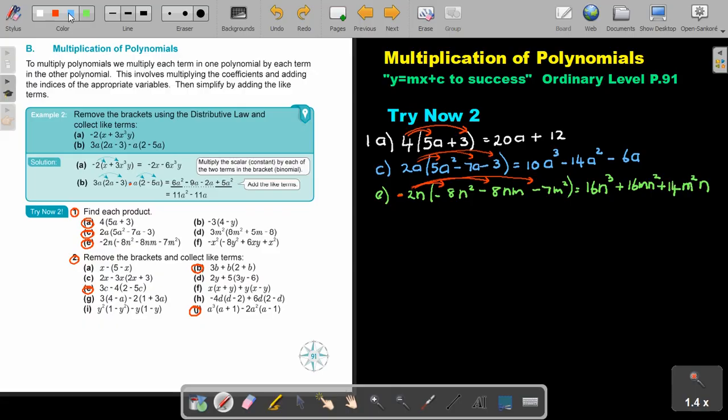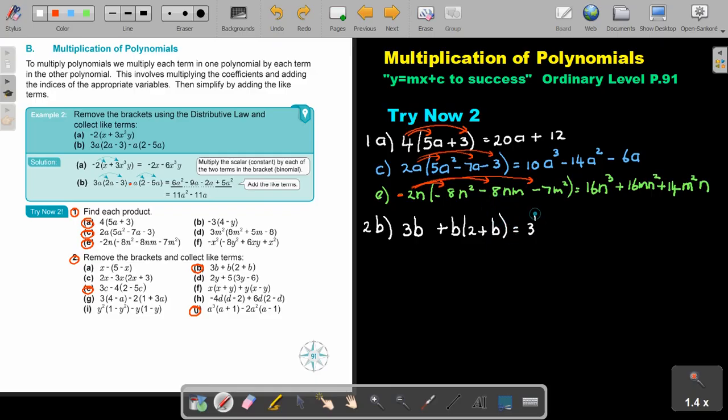Okay, let's look at number 2. Start with white again. If I look at, no, it's not A I gave you, it was B. B is the first one. So if I look, this is 3b plus b, and it's 2 plus b.